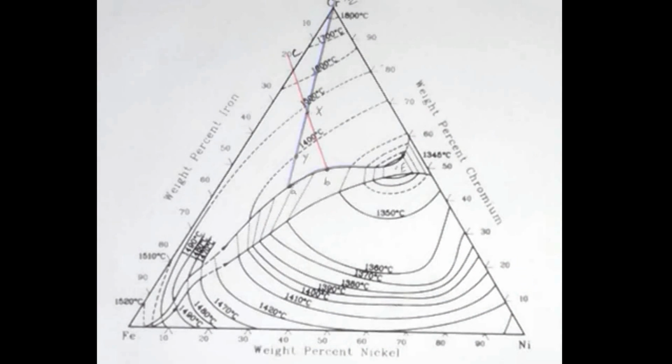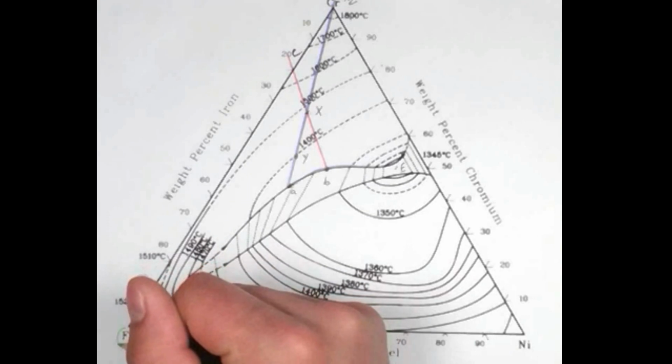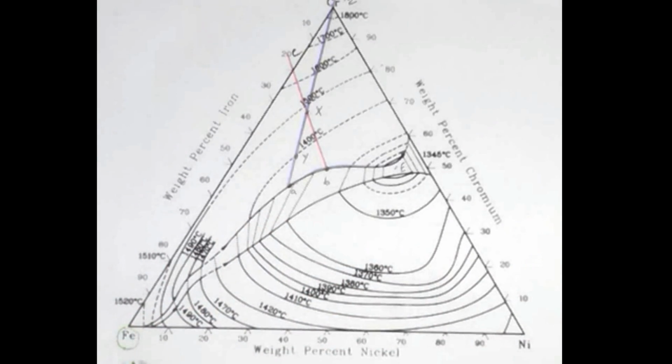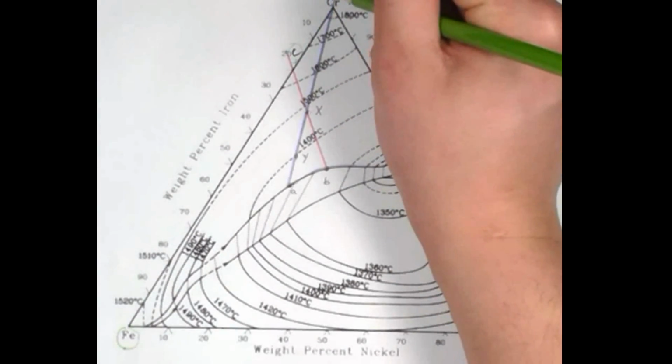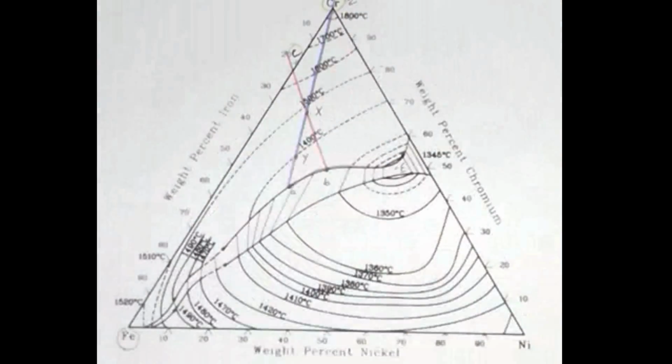So to determine these percentages, our points of interest are our iron vertex, point C, and the chromium vertex.